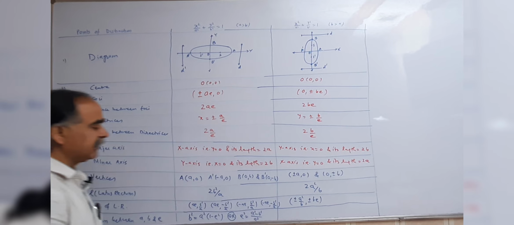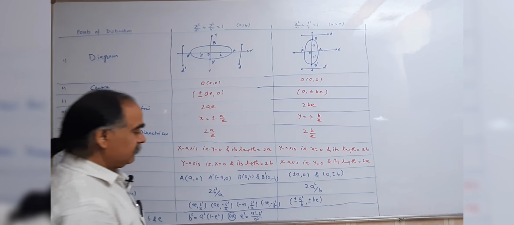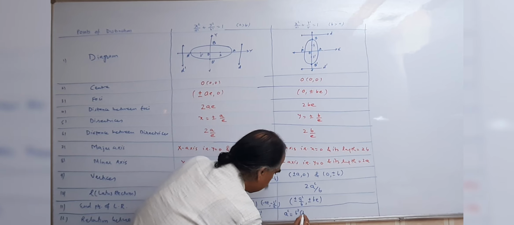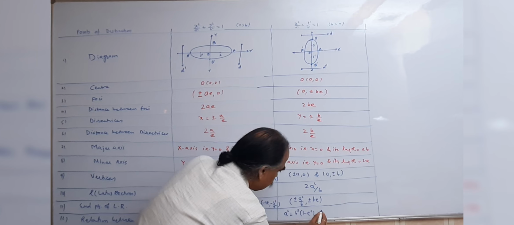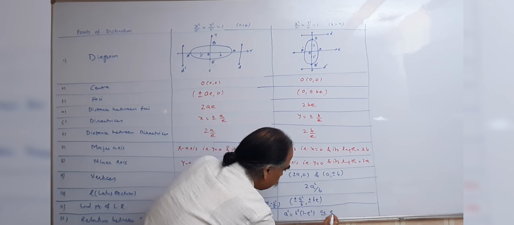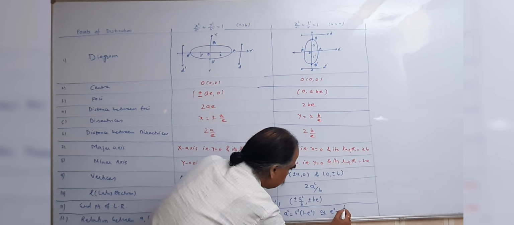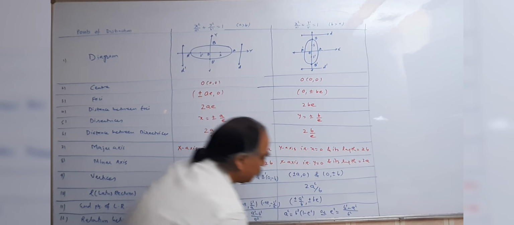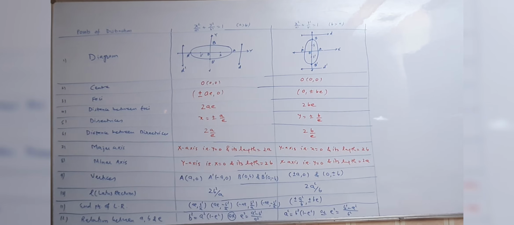For the other one, a square is equal to b square into 1 minus e square, or e square is b square minus a square upon b square. So between the two, this is the comparison chart.